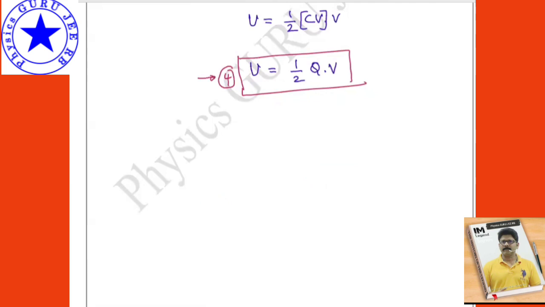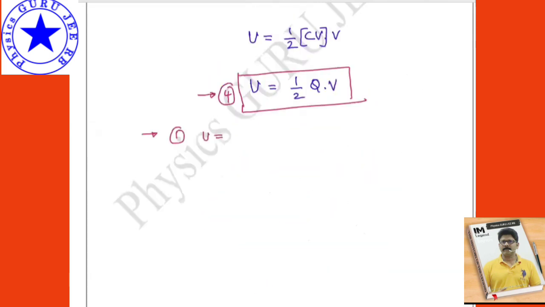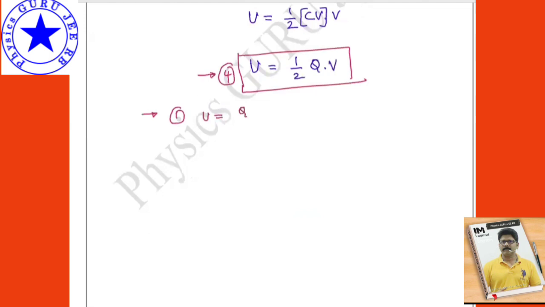So we'll write here, first equation, U1 equal to Q square divided by 8 pi epsilon into R. Next, U2 equal to second energy.